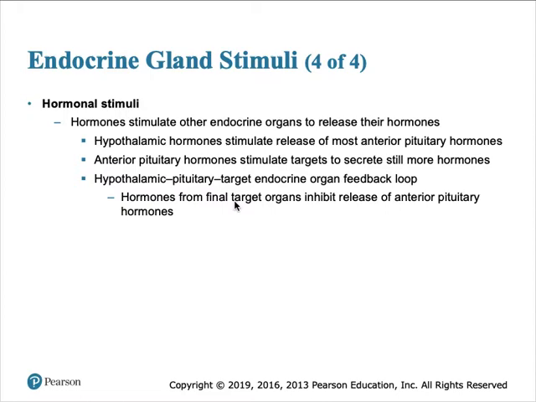It's kind of like an axis with the hypothalamus, the pituitary, and whatever the target endocrine organ is. Hormones from the final target, whatever the last organ is, actually block the release of hormones from the hypothalamus. So a hormone triggers the release of a hormone, which triggers the release of another hormone. The final hormone blocks release of the first hormone. Again, it's a negative feedback loop.